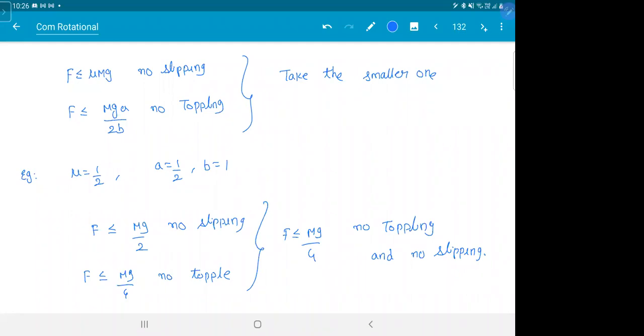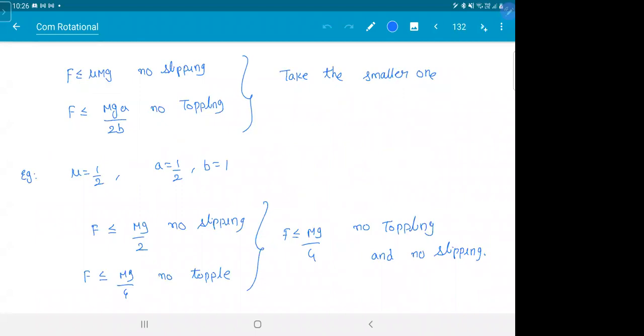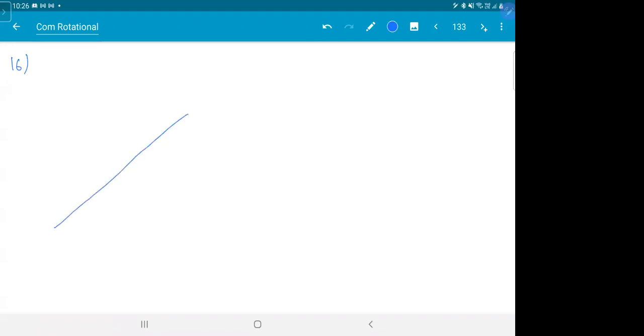Next one. Theta. Same mu. This side is a and this side is b.